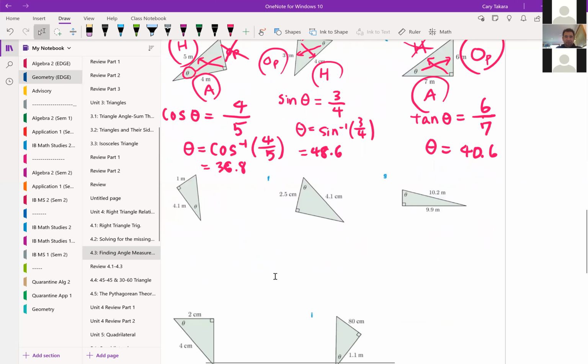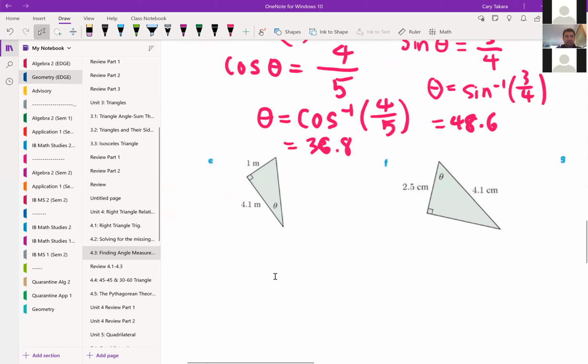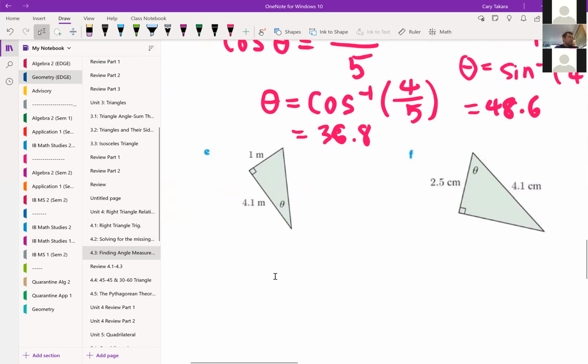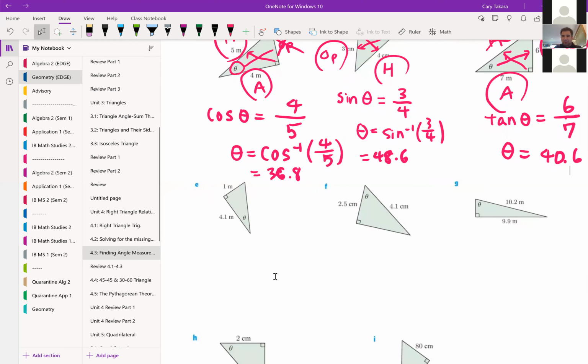Okay, letter E. Is everybody okay? Do you need to see still any part of the notes? Lisbeth, I'm going to put you on the spot. Which function are we going to use for E? Saif, that's correct. Very good.